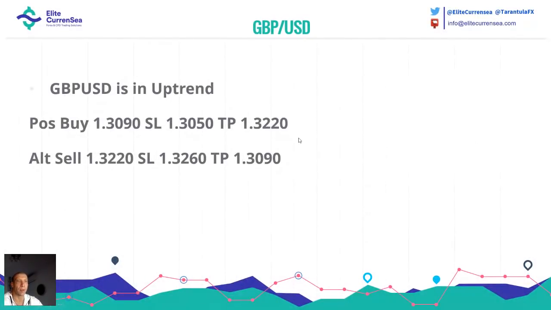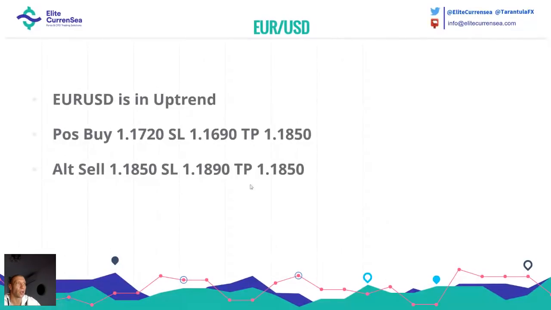Next one is the GBP dollar, also in uptrend. Possibly 3090 is a buy, stop loss 3050, 3220 is TP. Sell trade 3220, stop loss 3260, and TP is 3090. For the euro dollar, again, the typo: it is 1740, guys.